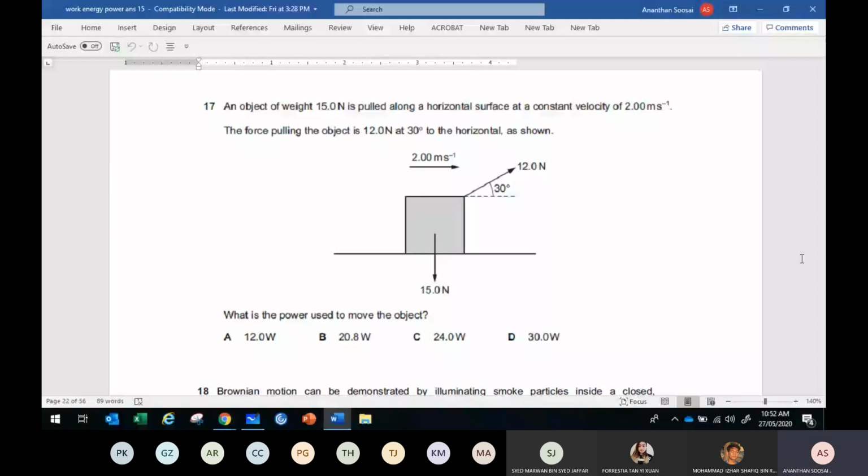But for work done by the thrust, the force and distance travelled must be parallel, in the same direction. Please consider that. The force and distance travelled must be in the same direction to find the work. So in this case, the thrust is 12 Newton, but 12 Newton is inclined.